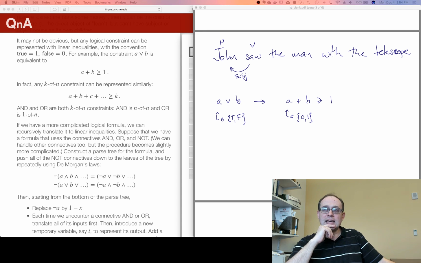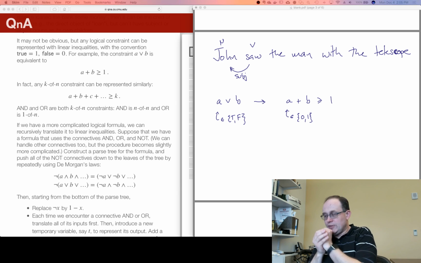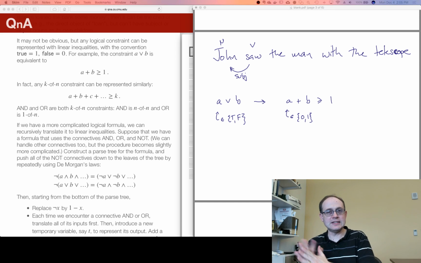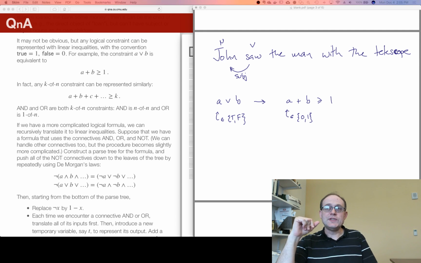In practice, they're kind of finicky, right? It's really easy to accidentally create a problem that these things can't solve. But with some practice, you can also create problems that are quite large that they're able to solve quite effectively.